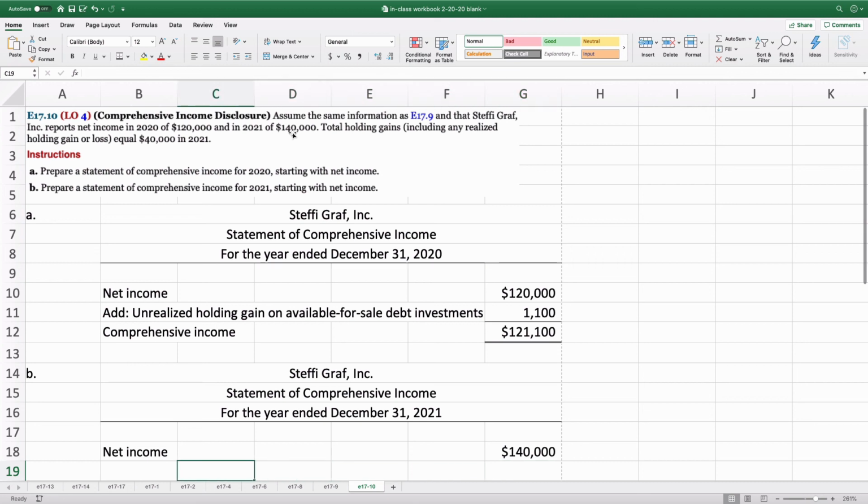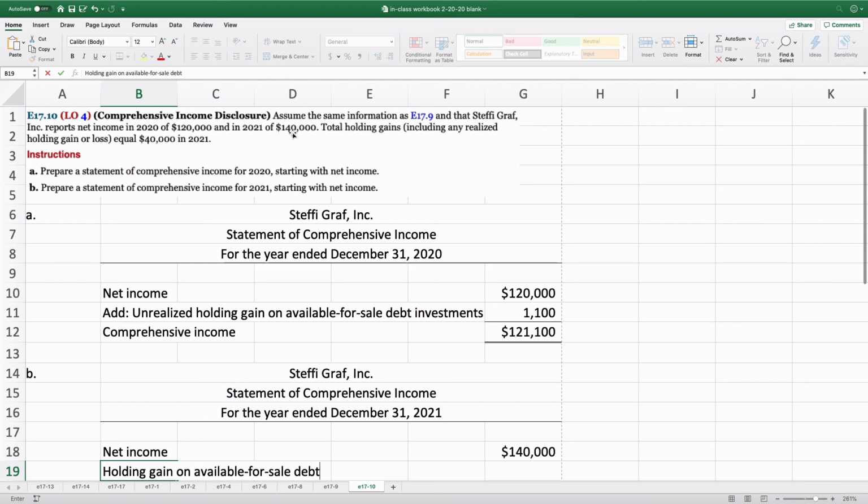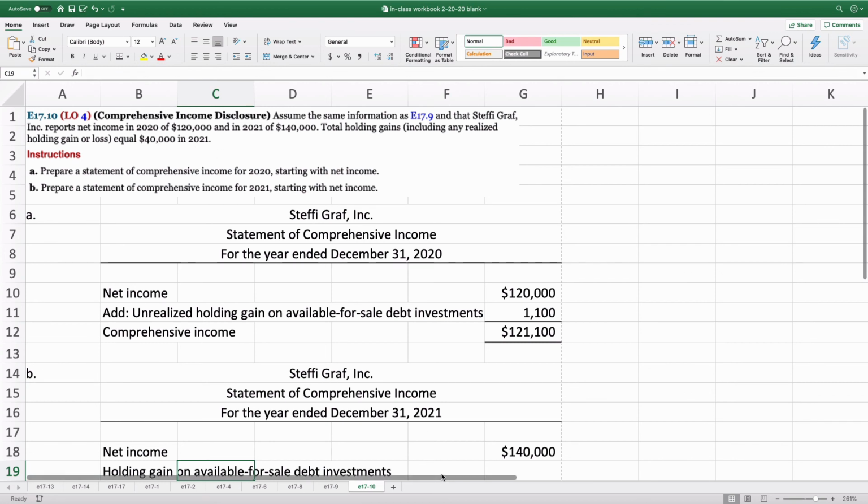And then it says we had holding gains. I'm just going to write holding gain on available for sale debt investment. And that is going to be $40,000.